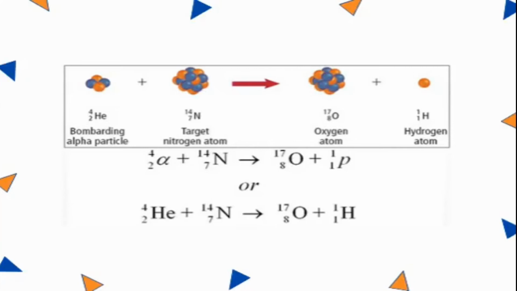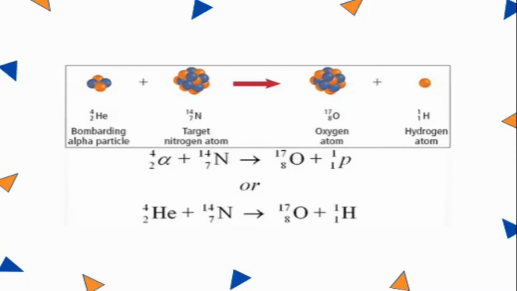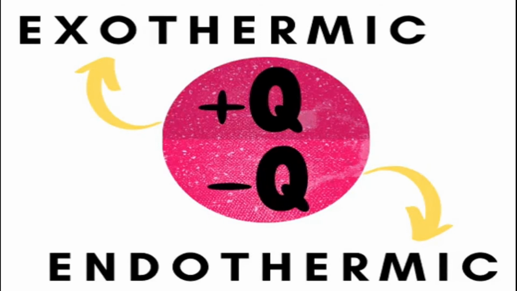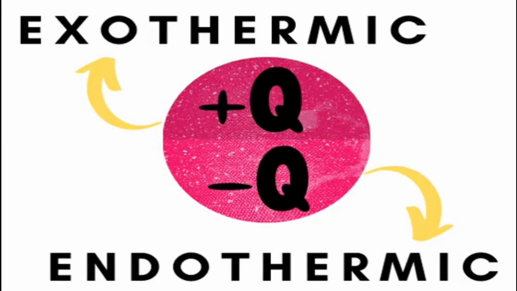This nuclear reaction starts with two stable isotopes, helium and nitrogen, and produces two different stable isotopes, hydrogen and oxygen. Nuclear reactions in which energy is released are said to be exothermic reactions and are characterized by positive Q values. Reactions with negative Q values are called endothermic reactions.